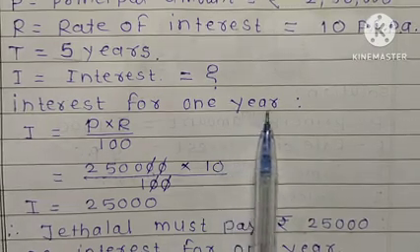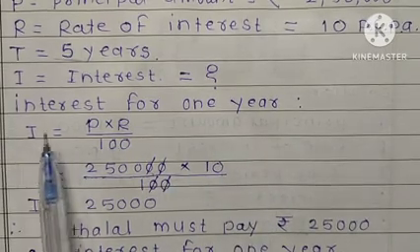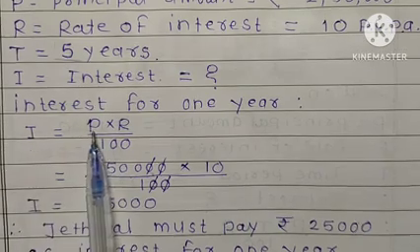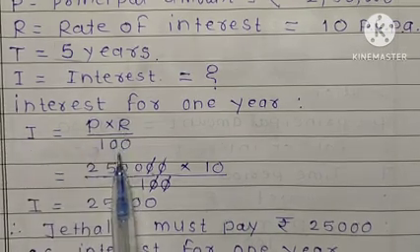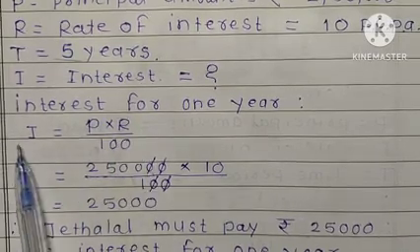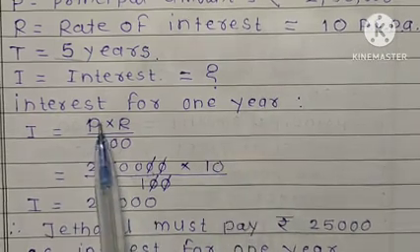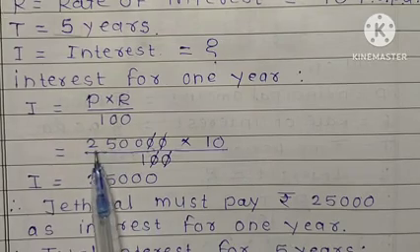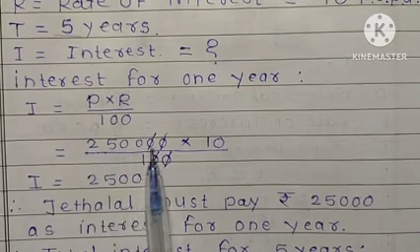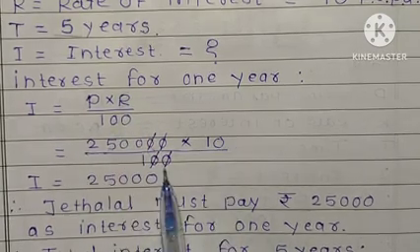Okay. Now we have to answer two questions, out of which first question: interest for 1 year. Please remember the formula. I is equal to P into R upon 100. This is the formula for simple interest for 1 year. Okay. So substitute values. P is equal to 2,50,000 and R is equal to 10 upon 100.